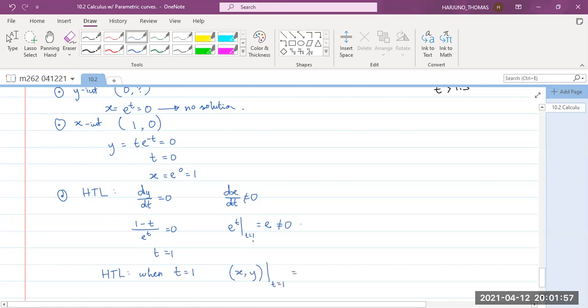I keep forgetting what my x is, what my y is. My x is e to the t, my y is t e to the negative t, right? So the horizontal tangent line is at e to the 1 and 1 over e.